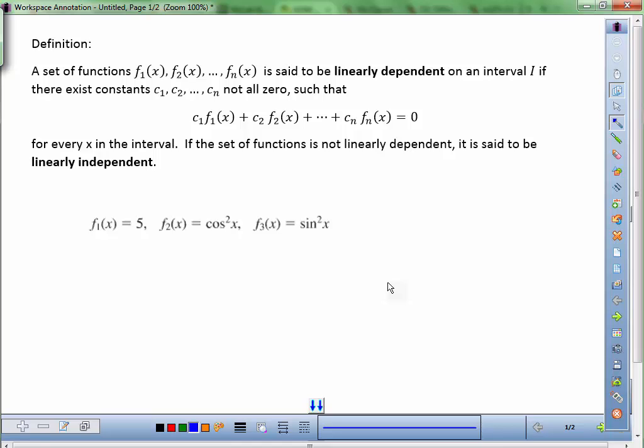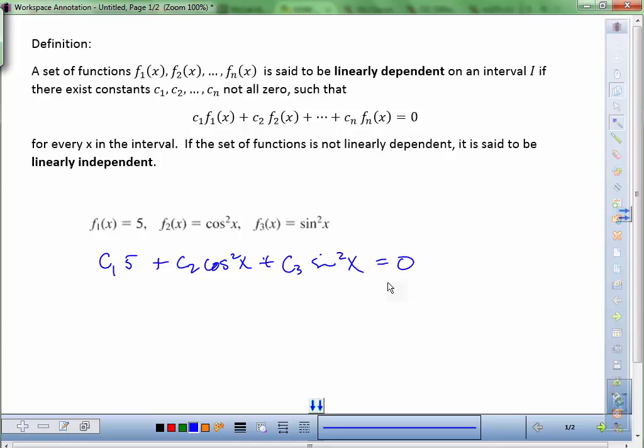So we have C1 times 5 plus C2 times cosine squared x plus C3 times sine squared x equals 0. So we can do this by inspection or whatever, see if we can find C1, C2, and C3 not all 0 so that this would work.